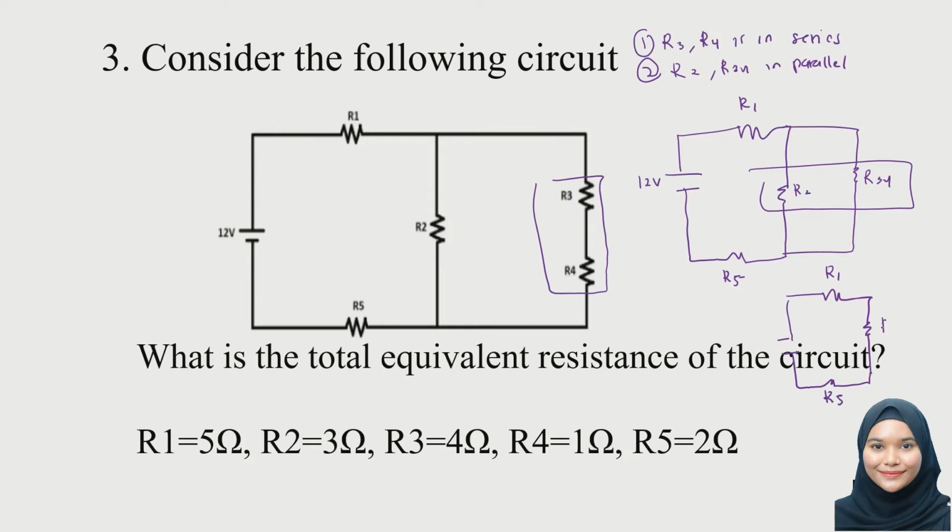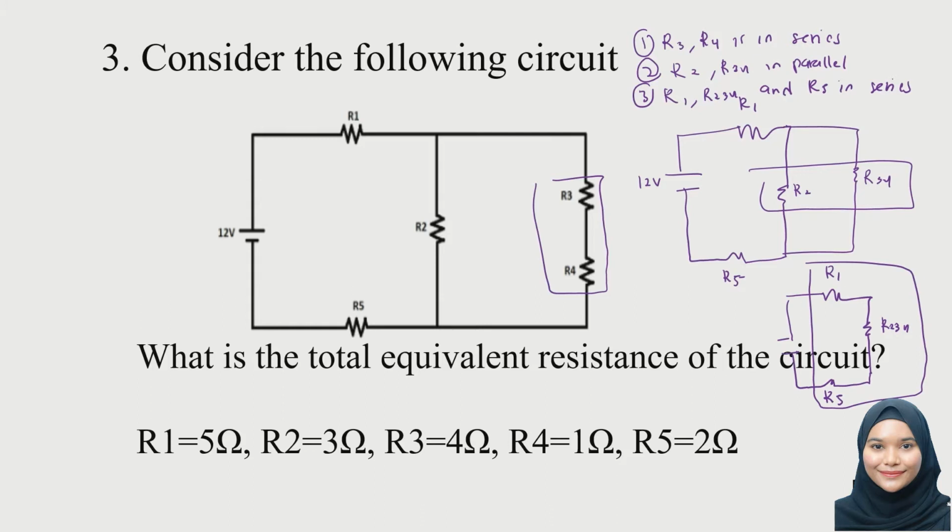So R1, R234 and R5 are in series. Now, when we already decide which circuit it is, then we can solve it easily.